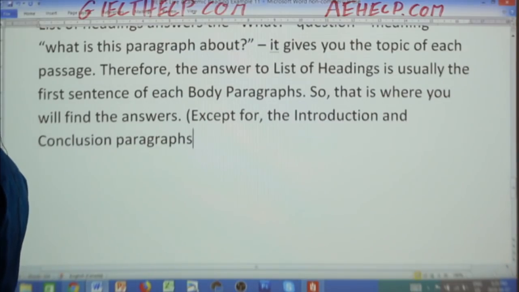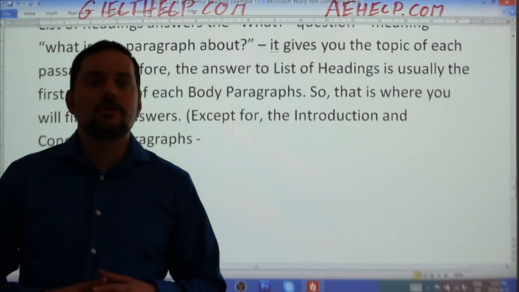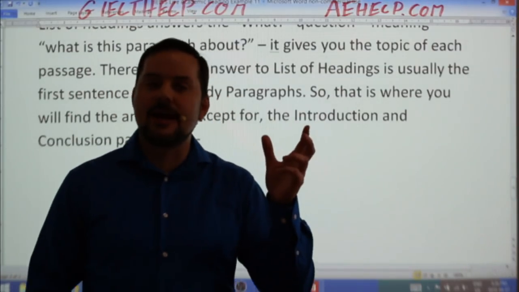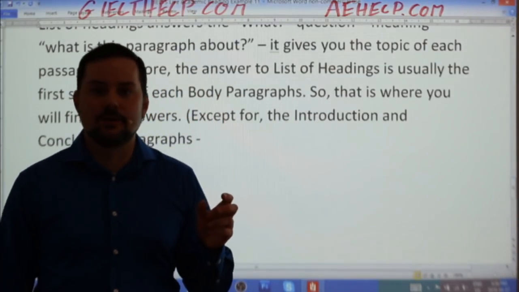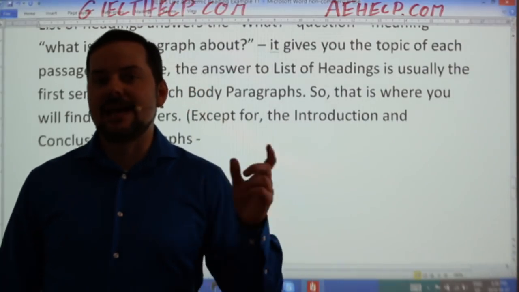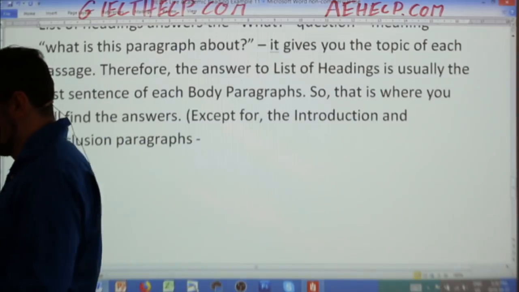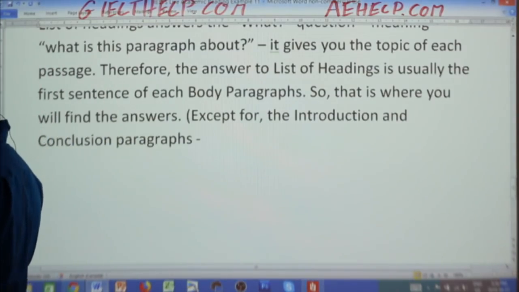Okay? So usually for the introduction and the conclusion, you have to read the whole paragraph to figure out what it is about. So the first and the last paragraph are the exceptions to this rule. So for these paragraphs, you need to read the whole paragraph.